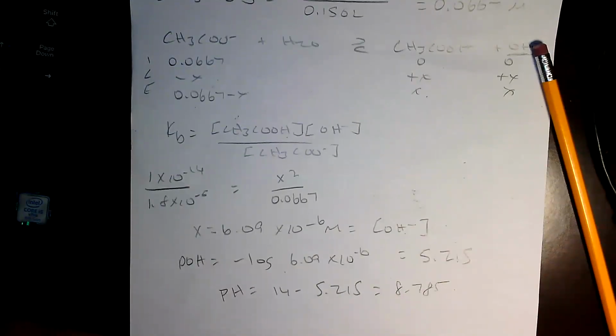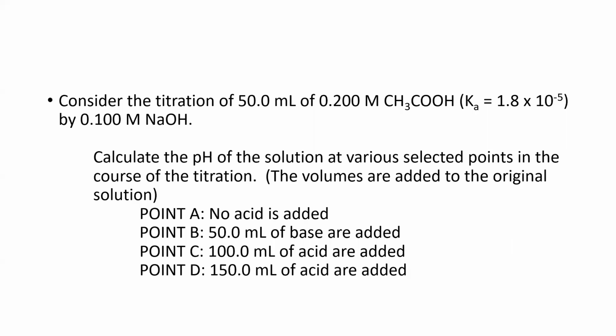Now, the last step is an easier step, okay? Because now the hydroxide becomes the limiting reactant. So I'm going to go back to the question. We're going to do point D and then see how we do with this one.